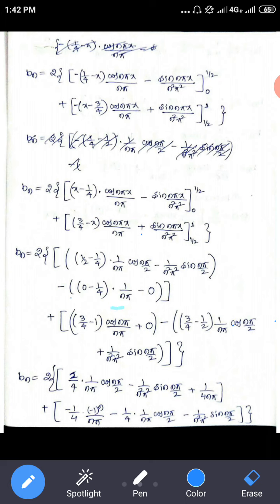This minus, see here, this minus and minus plus 1 upon 4 n pi. 3 by 4 minus 1 is minus 1 by 4, cos n pi is minus 1 raised to n divided by n pi, minus 3 by 4 minus 1 by 2 is 1 by 4, 1 upon n pi cos n pi by 2. So 1 upon n square pi square, this sine of n pi by 2.